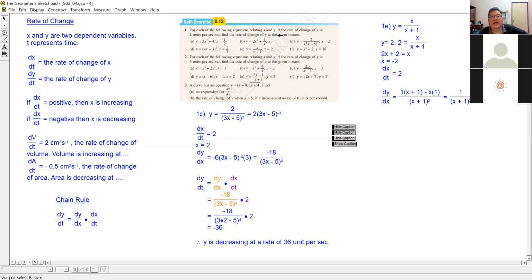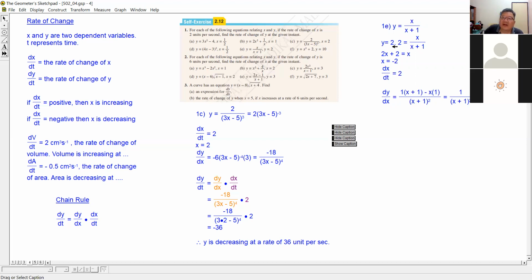Again, I read: rate of change of x is 2. So what must you write down there? You write down dx/dt is 2. Then here they say y equals 2, so you write down y equals 2.